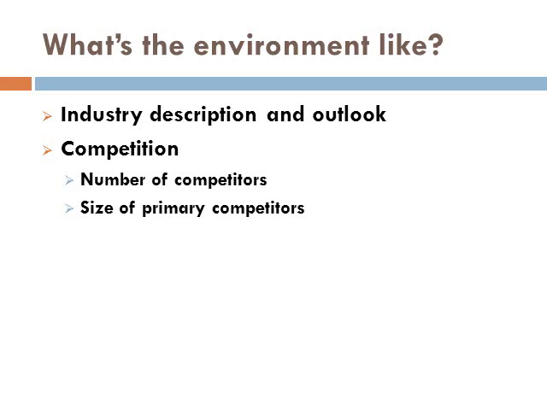We'll talk about competition, but in this section, when you're talking about the environment, you need to say just briefly how many competitors are in there and what's the size of your main competitors. If you're opening a Mexican restaurant, is your main competitor the other restaurants in the area? Any place that somebody can choose to eat would be your competitor, but you need to narrow that down some.